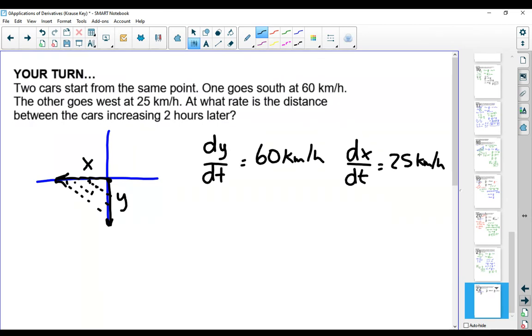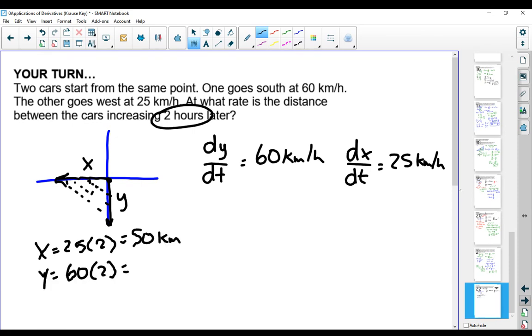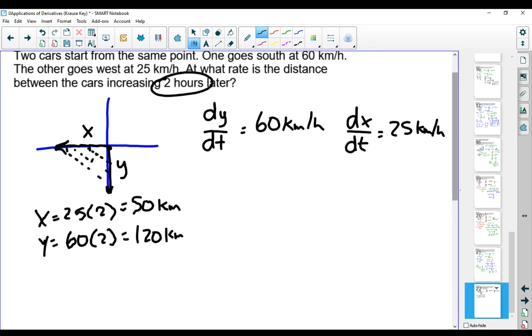So we have to figure out 2 hours later where these vehicles are. So 2 hours later, x would be 25 times 2, which is 50 kilometers away from the origin. And y would be 60 times 2, which is 120 kilometers from the origin. We can then figure out how far away they are from each other. So z is going to equal the square root of 50 squared plus 120 squared, which is 130 kilometers.